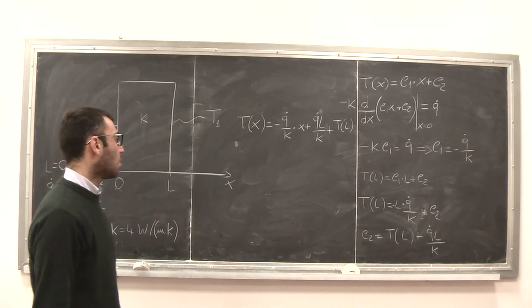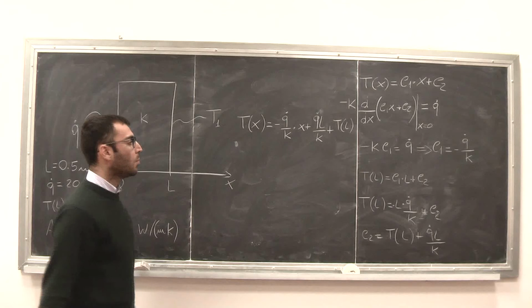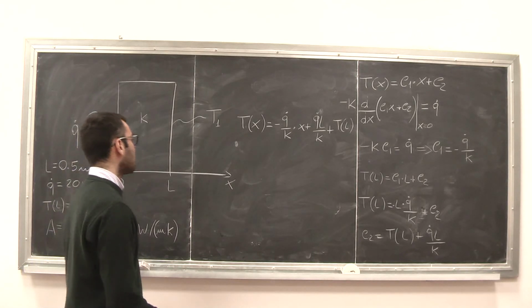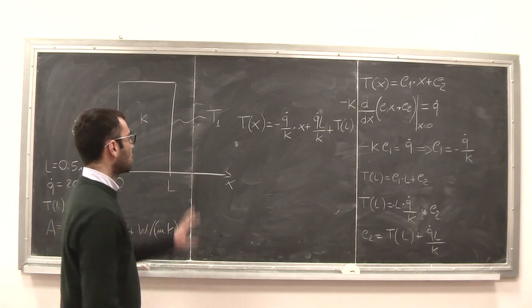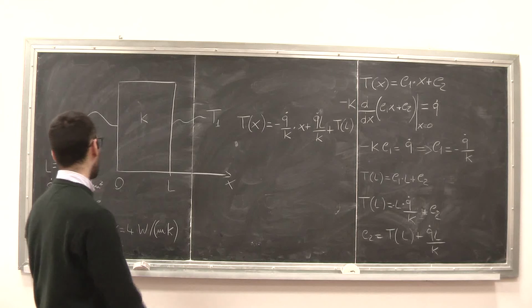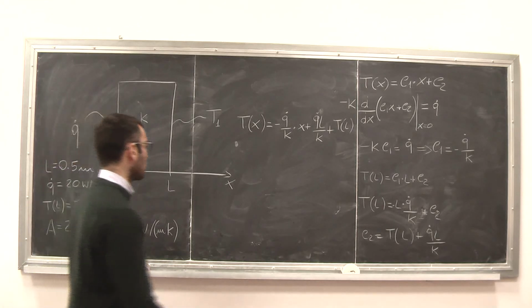The solution of the conduction equation will always be that one. Now, by substituting our values, we can determine, for example, the temperature for x equal to 0.